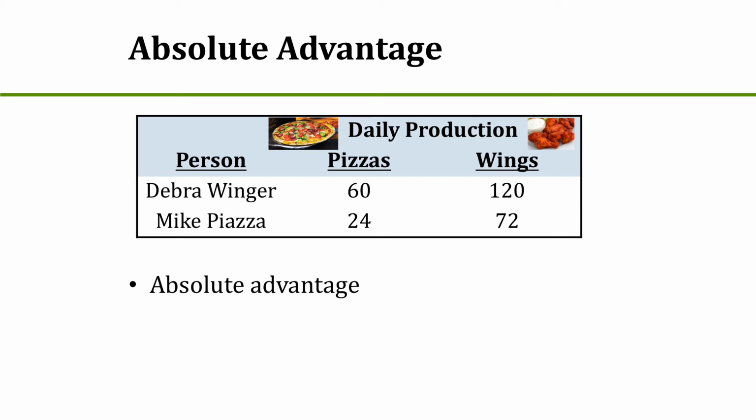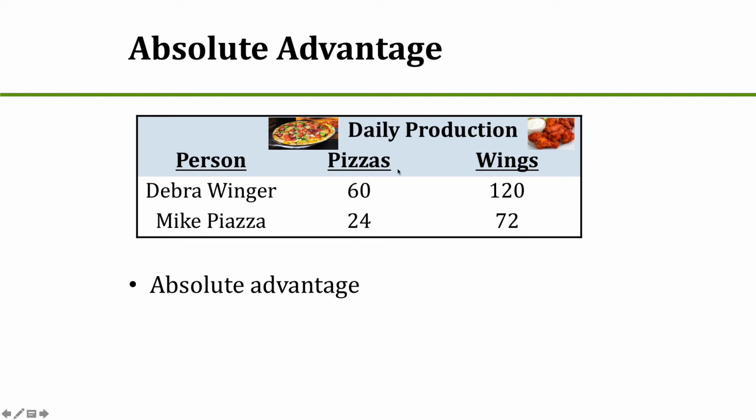So the first concept that I'm trying to explain to you is absolute advantage. Absolute advantage, in my opinion, can be explained easily with an example. In our simplistic model, we have two persons, and they are producing different amounts of pizza and wings.